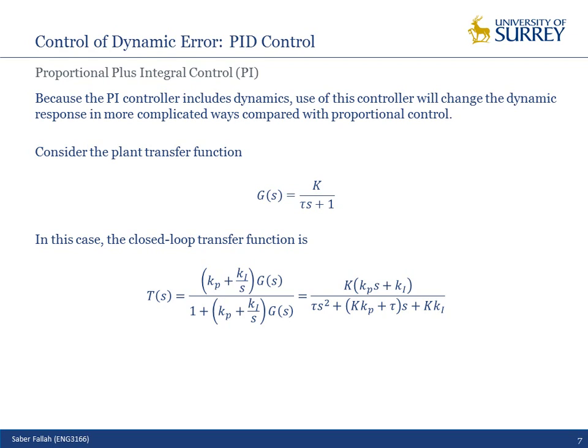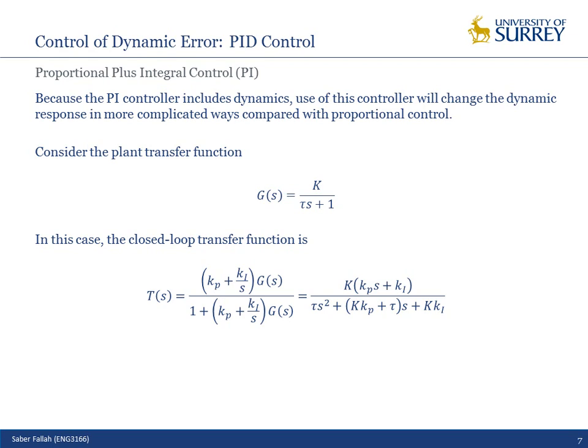As you see, Kp will affect the damping ratio and Ki will affect the natural frequency of the system directly. So by changing Kp and Ki, I can adjust both natural frequency and damping ratio of the system. For example, if I increase Ki to improve the natural frequency of the system, I will decrease the damping ratio of the system.